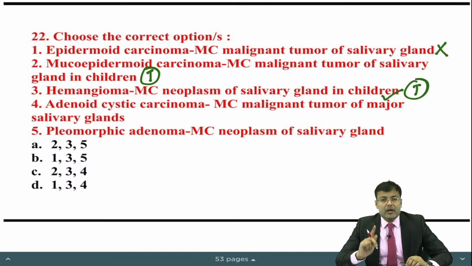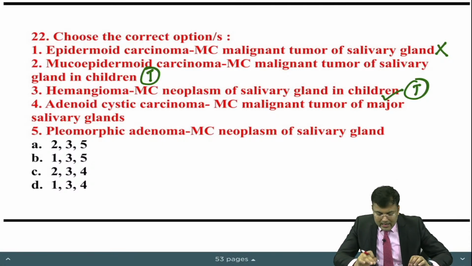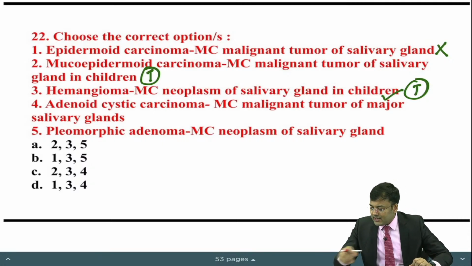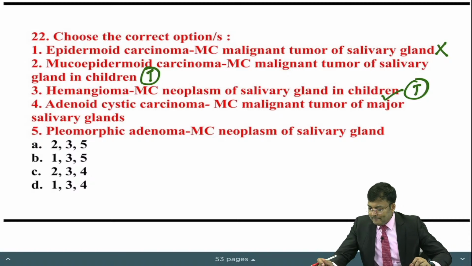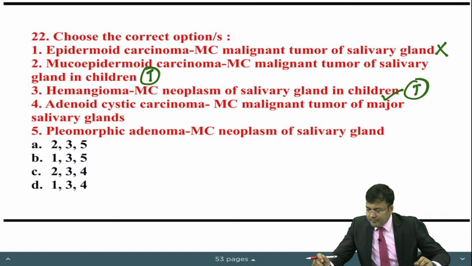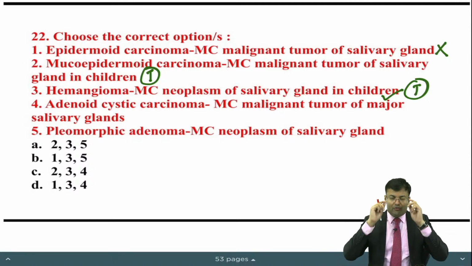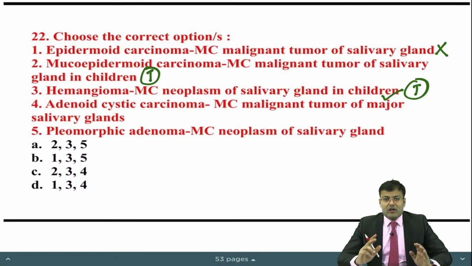Now coming to option number 4, you tell me adenoid cystic carcinoma. This is the most common malignant tumor of major salivary gland. Major salivary gland. Tell me, is this option correct or incorrect?